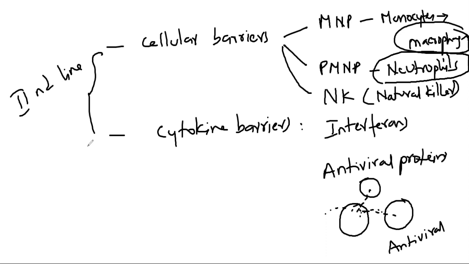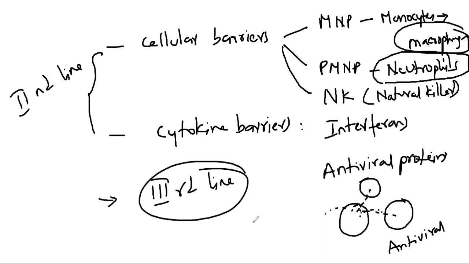If the first line fails, we can observe the action of the second line. If the second line fails, then you can observe the action of the third line. Now, what are the components which are found in the third line? B and T lymphocytes.